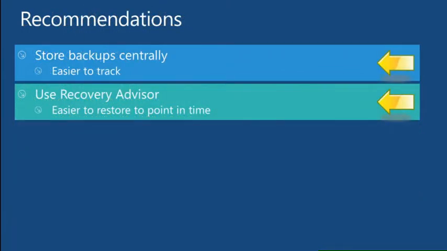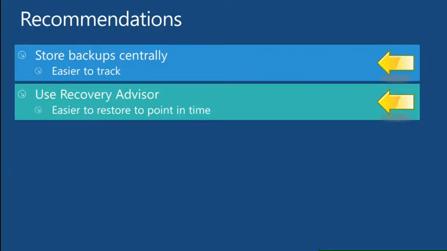A couple of recommendations. If possible, try to store your backups in a single place. It may get confusing if you have backups across 4 secondaries. Some people get really confused about it. And then try to use Recovery Advisor. Basically, this new feature in SQL Server 2012 allows you to simplify the restore process.